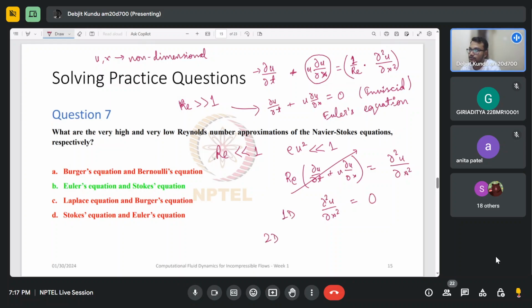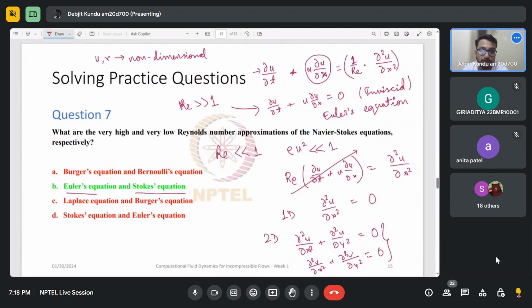Now this is for 1D. In 2D, this would become dou squared u dou x squared plus dou squared u dou y squared equal to 0, and similarly dou squared v dou x squared plus dou squared v dou y squared equal to 0. This formulation is known as the Stokes equation, where the inertial terms are ignored.